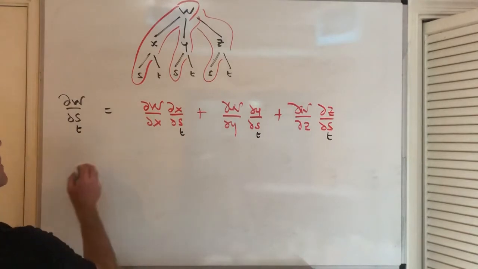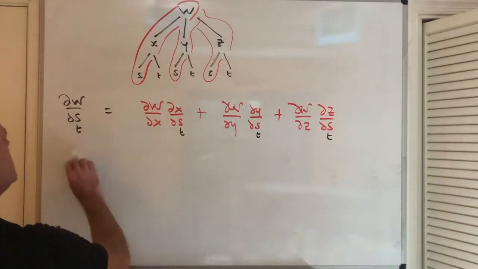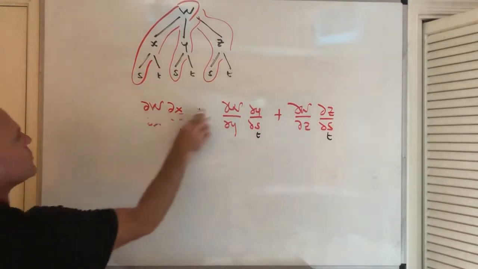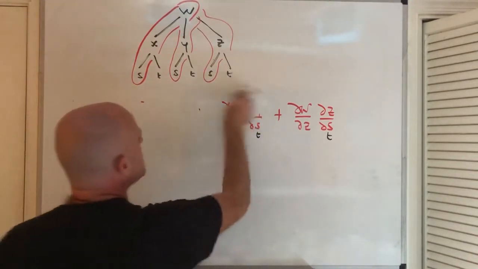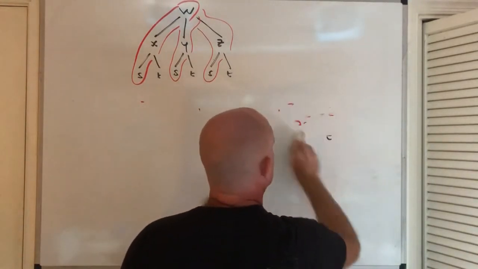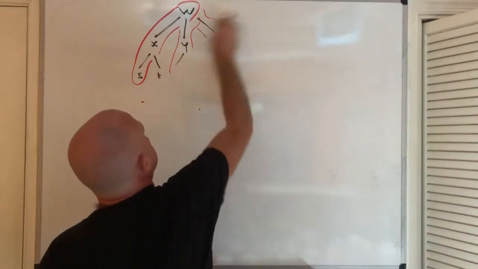Maybe I don't need this, but I'm going to keep the tree. The tree is going to help me to remember everything. And actually, I'm going to erase and redraw it again.